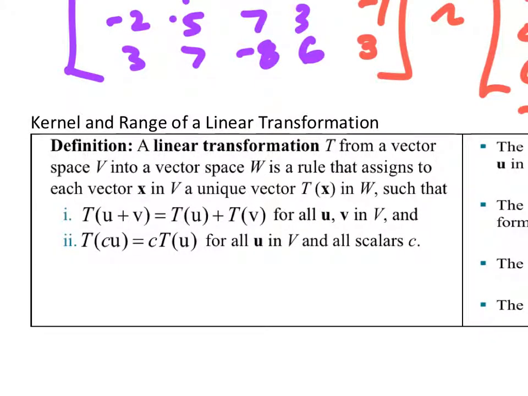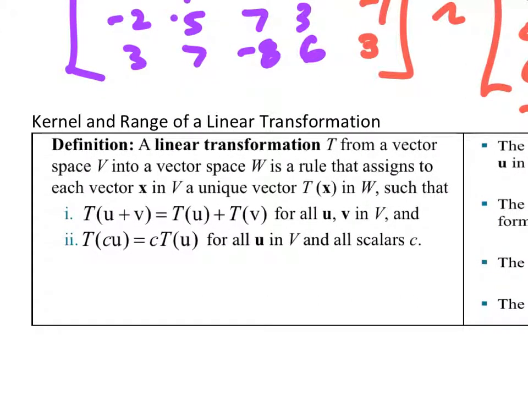So let's end up with some definitions and also some contrasts of the column space and the null space. First of all, the definition. We have a linear transformation. If we have a linear transformation T from a vector space V into a vector space W, that's a rule that assigns to each vector X in V a unique vector T of X in W, such that, if it's a vector space, both of these have to hold true.